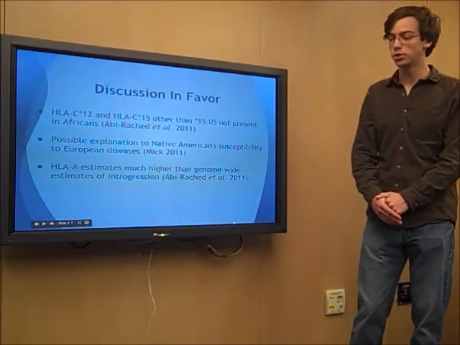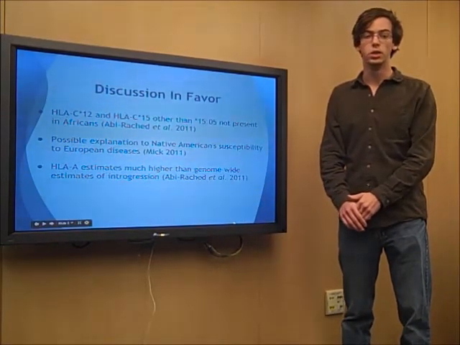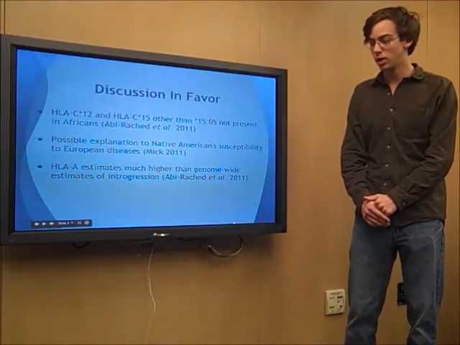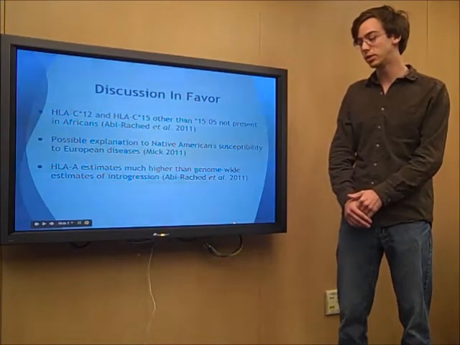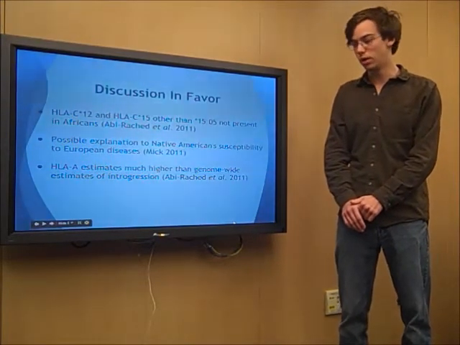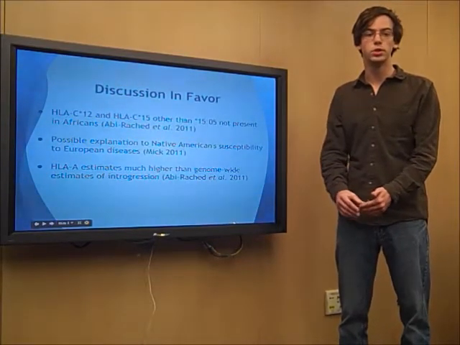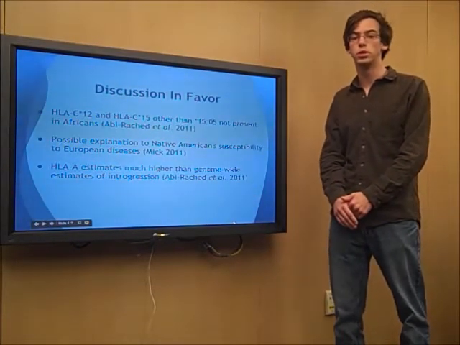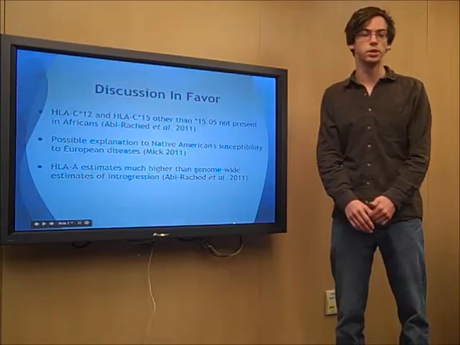And this data is also a possible explanation to Native American susceptibility to European disease. And the HLA-A estimates are much higher than genome-wide estimates of introgression. And this really shows how interbreeding with archaic humans has combined with natural selection to shape the HLA system.